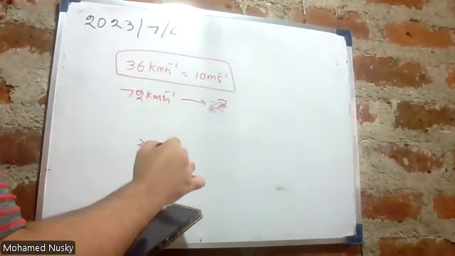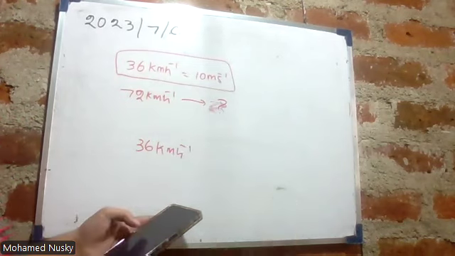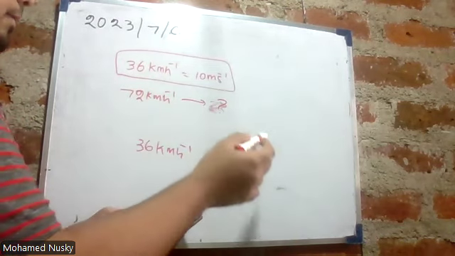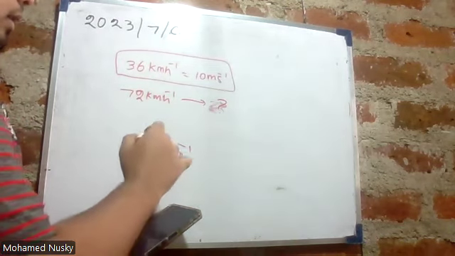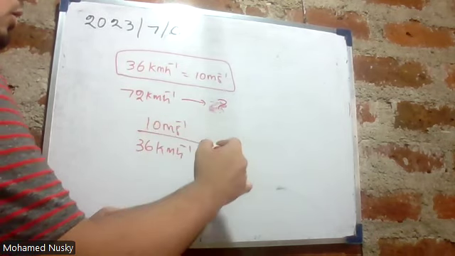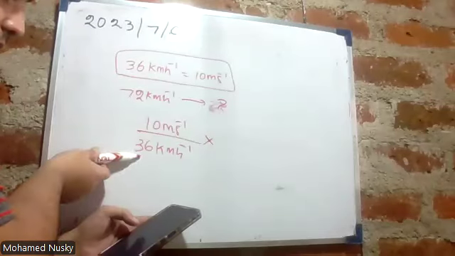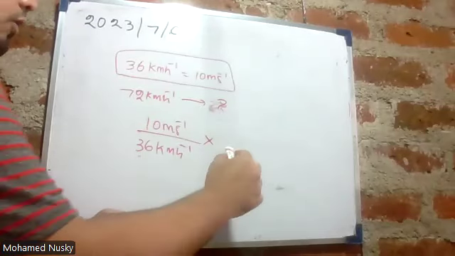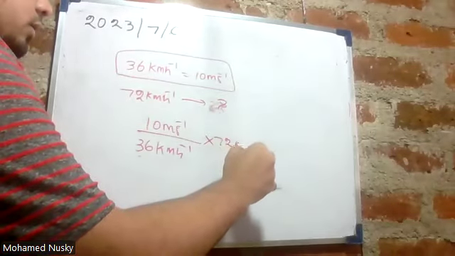Here, put a fraction. 36 kilometer per hour is 10 meter per second. So, for 36, 10 means for 72, how much?